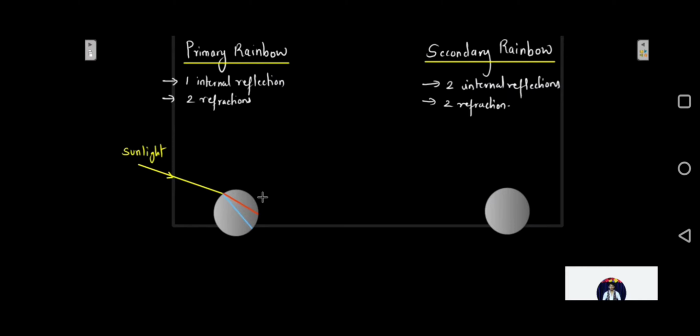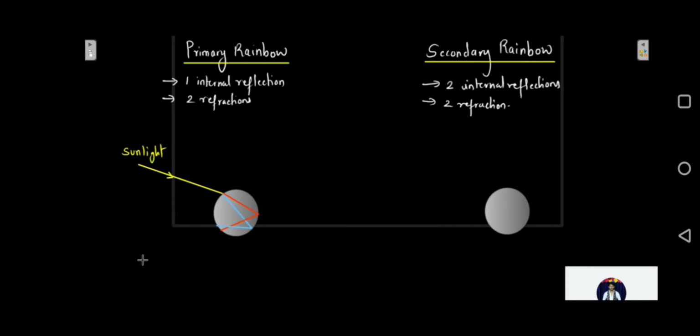Now there will be internal reflection happening over here, so this is going to get internally reflected. This ray of light would fall something like this over here. Again, this light would also get internally reflected, and at this interface again there will be a change in medium, so there will be refraction happening.